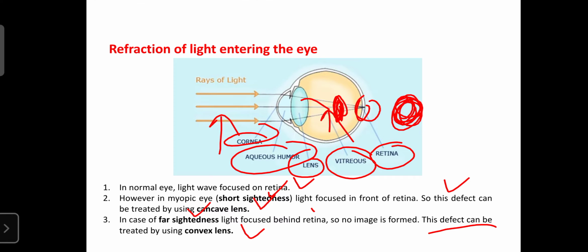By adjusting the size of the cornea, or by secretions of aqueous humor, or adjustment of the lens or even the vitreous fluid, the light waves can be bent so that they fall exactly on the retina, not before and not after. That process is known as the refraction of light.